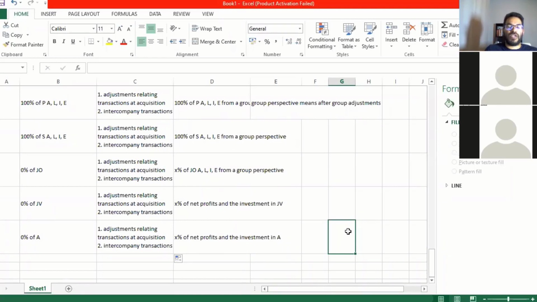As you can see from the columns I jotted in, the way you travel from your starting point to your end point is through your vehicle of pro forma journal entries, which are your group adjustments. On a high level, your group adjustments are made up of two things: adjustments relating to transactions at acquisition, and intercompany transactions.